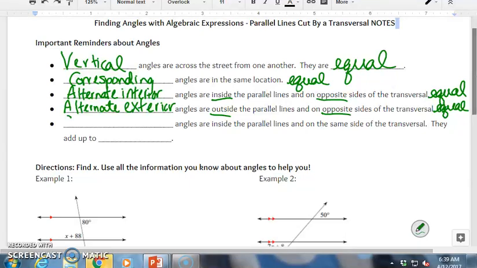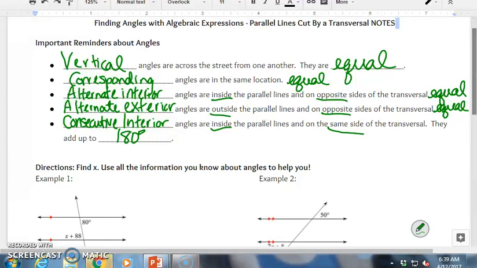And then consecutive interior angles are inside of the parallel lines on the same side, so right next to each other of the transversal. They add up to 180 degrees. Okay?